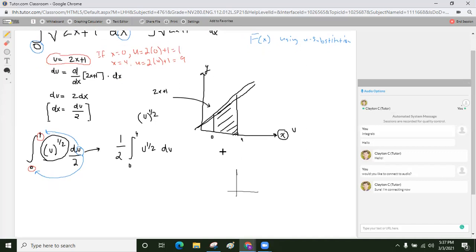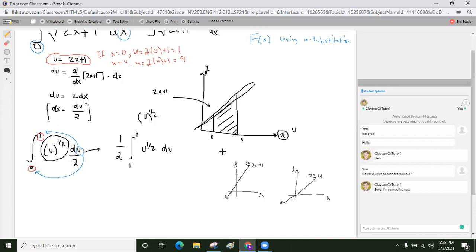If we have an xy chart, 2x plus 1 would look a little exaggerated, but something like this. Whereas the line u would be less curved and it would pass through 0.